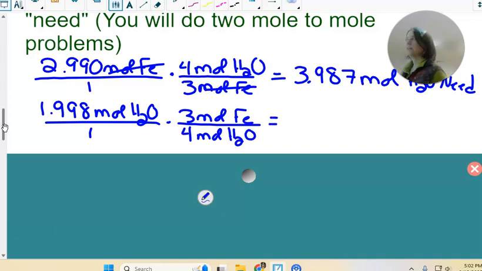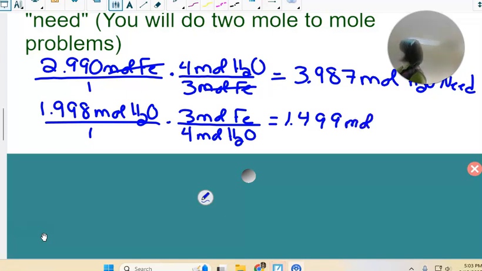All right, so grab out your calculator and do that calculation, please. Did you get your answer? So I got 1.4985. So 4 sig figs would be 1.499. Moles water cancel, so I'm left with moles iron. And that is "need."